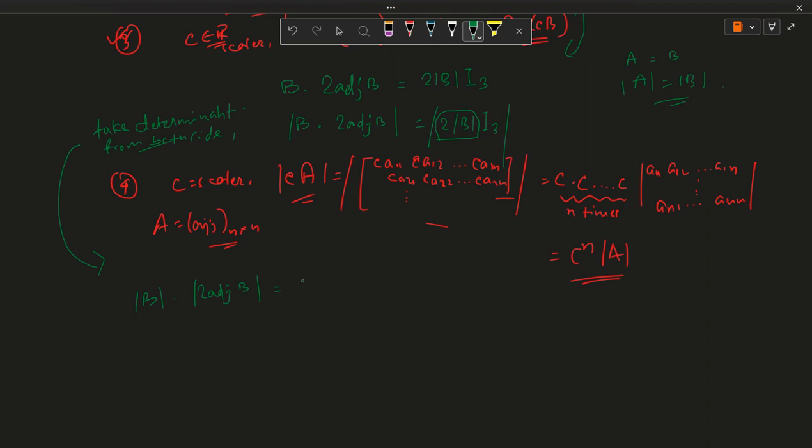So it can be written as 2 determinant of B whole to the power 3, C to the power n, into determinant of I3.